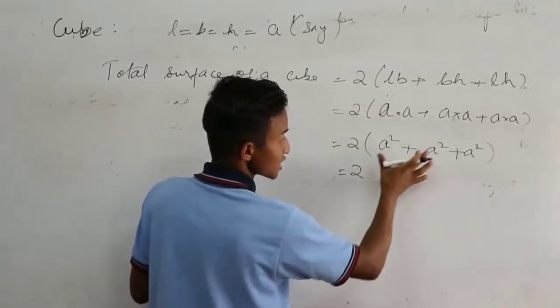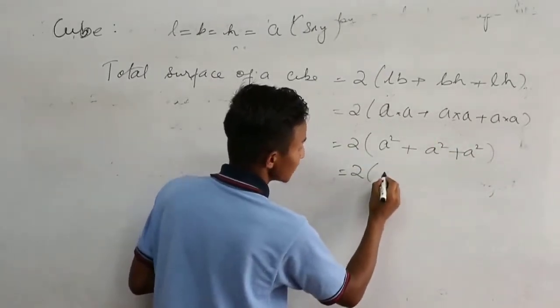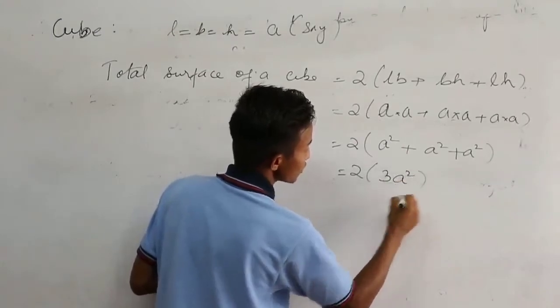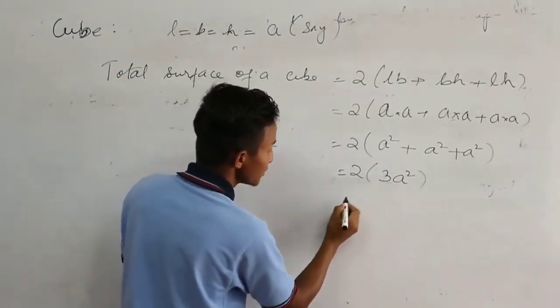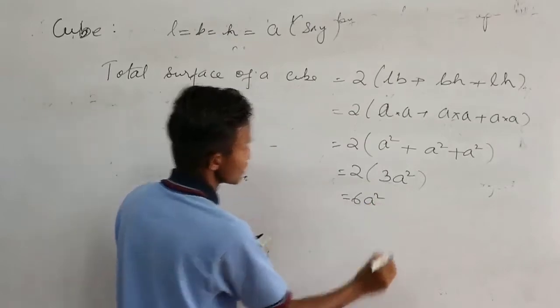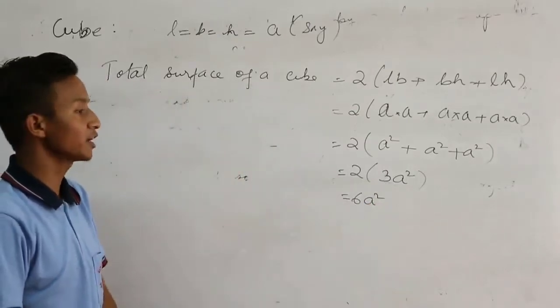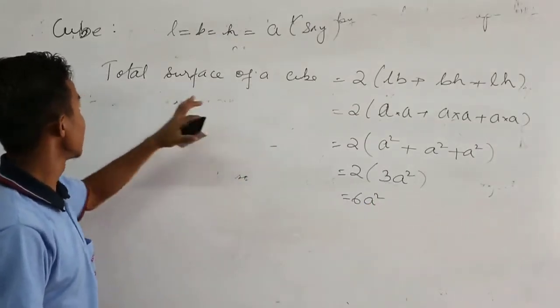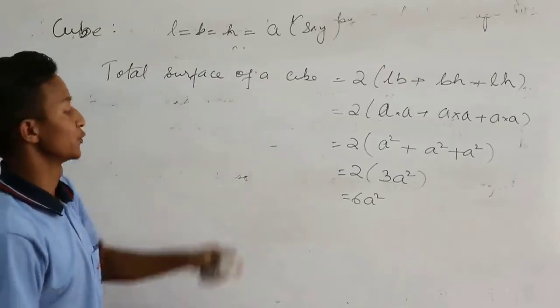Add them up, since they are the same quantity, we get 3A square. 2 into 3, you get 6A square. This is the total surface area of a cube.